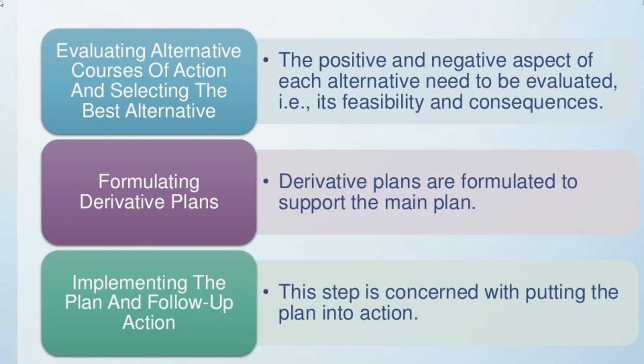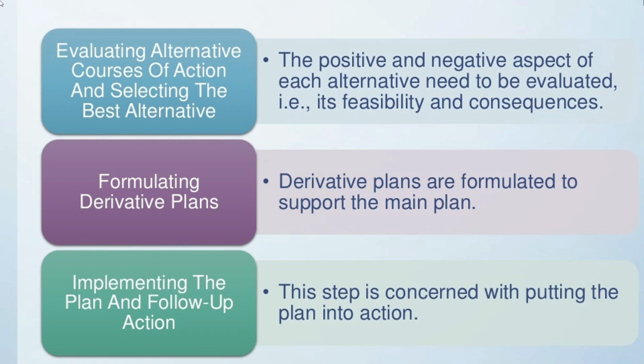After this, the manager starts eliminating the alternatives with more of negative aspects and the one with the maximum positive aspect and with most feasible assumption is selected as best alternative.